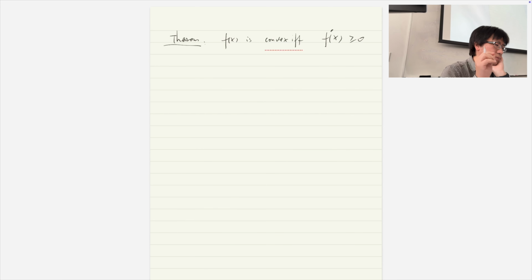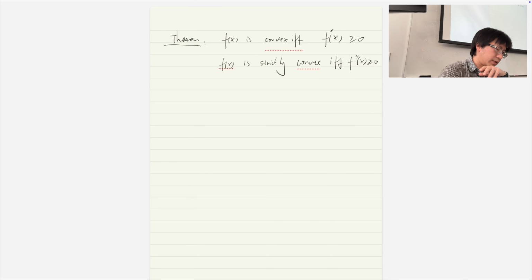But now we're only talking about scalar functions. And we say f(x) is strictly convex if and only if the second derivative is bigger than 0.